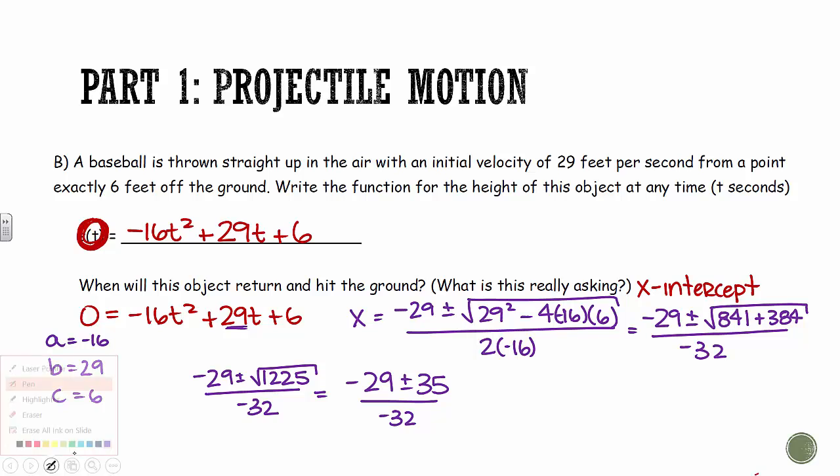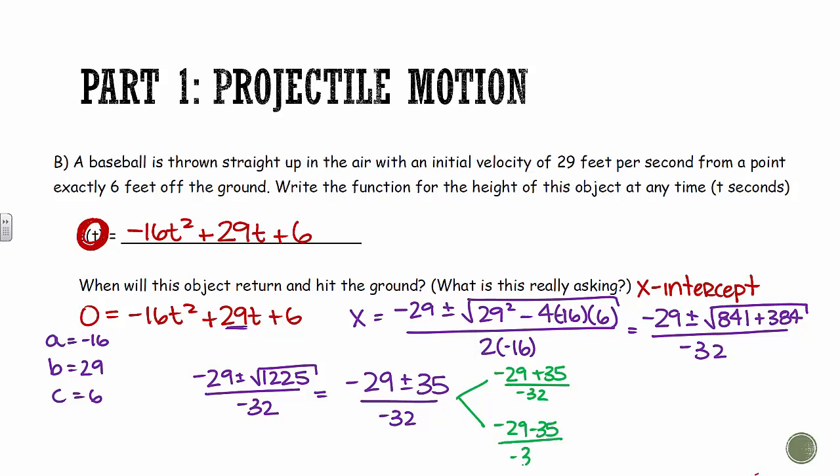So then this splits off into 2 problems. We have negative 29 plus 35 divided by negative 32, and negative 29 minus 35 divided by negative 32. So the first one, you end up with negative 0.1875, and the second one, negative 29 minus 35 divided by negative 32, gives you 2.